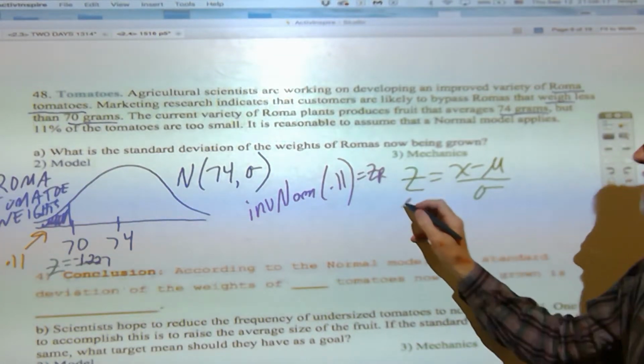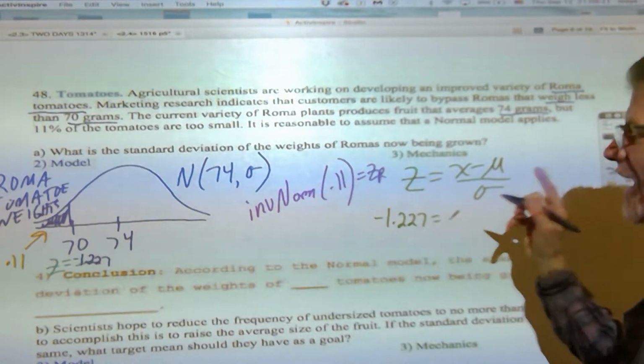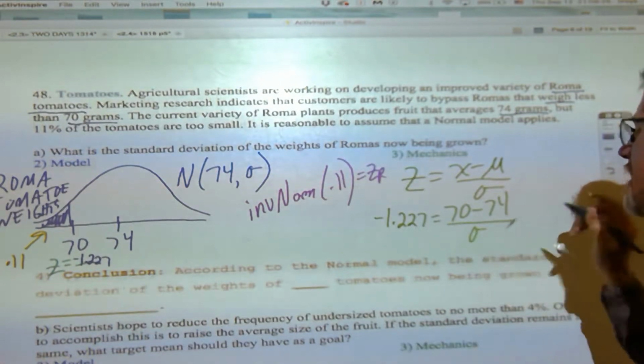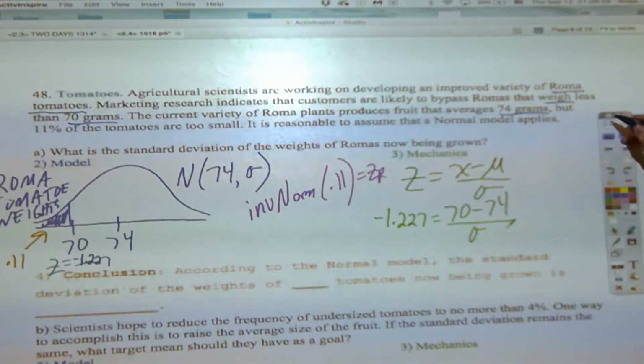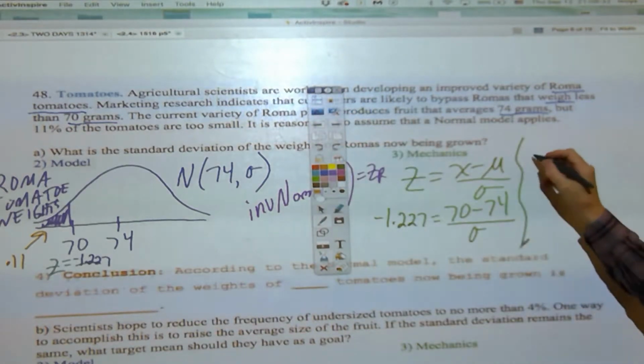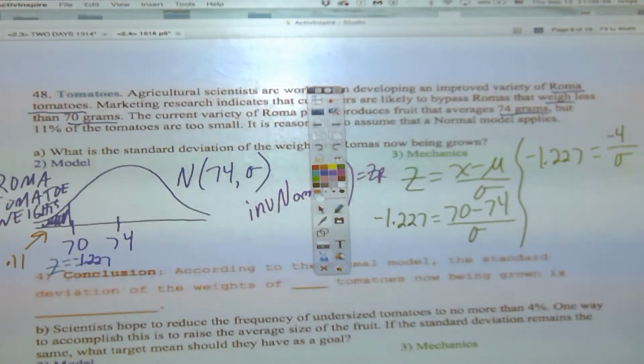And z gets replaced with negative 1.227. X is the cutoff of 70, the mean is 74, sigma is unknown. So you remember back in algebra, you solve things like this. Negative 1.227. We simplify 70 minus 74 to get negative 4 divided by sigma.